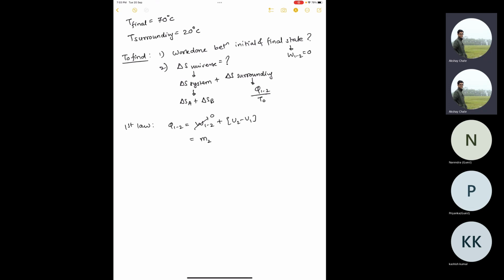U2 will be m2 into small u2 minus m1 into small u1. So now you don't know m also, right? In the given data, Cp for nitrogen is given as 1.042 kilojoule per kg Kelvin. Cv for nitrogen is given as 0.745.